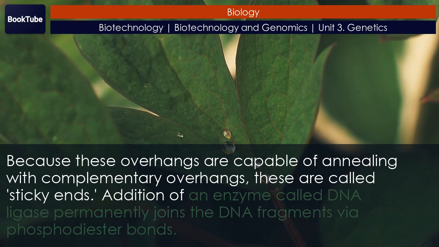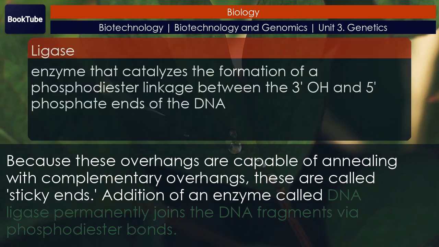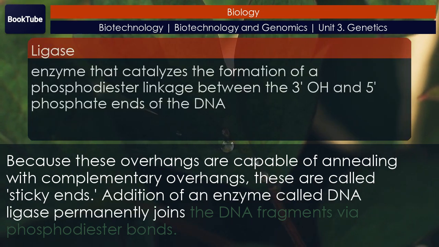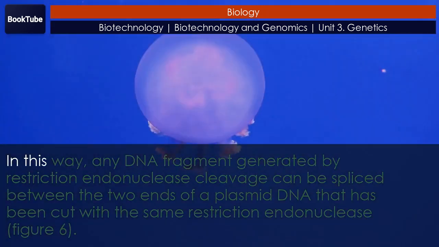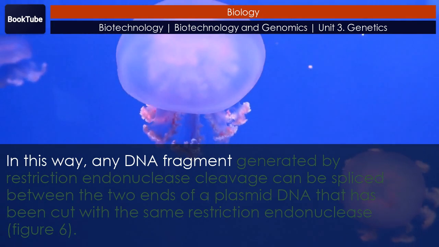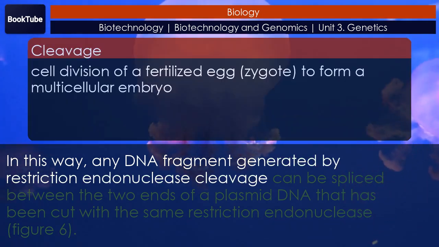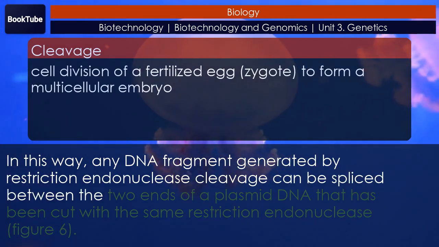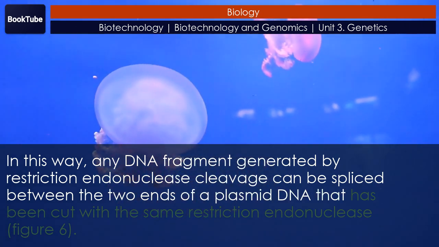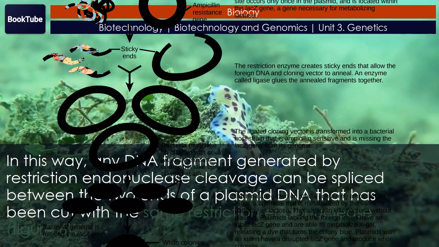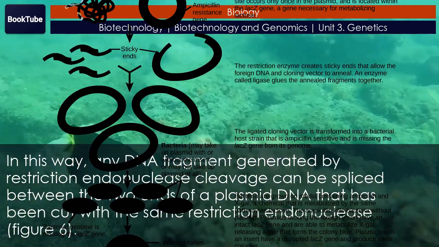Addition of an enzyme called DNA ligase permanently joins the DNA fragments via phosphodiester bonds. In this way, any DNA fragment generated by restriction endonuclease cleavage can be spliced between the two ends of a plasmid DNA that has been cut with the same restriction endonuclease. Figure 6.